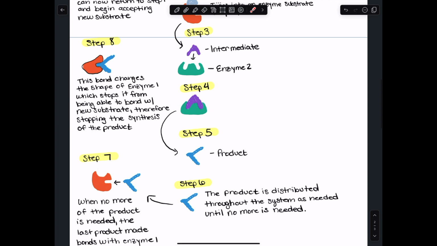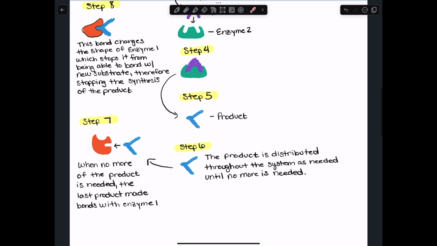Now we are going to introduce enzyme 2, to help turn our intermediate into our product down here. So our intermediate and our enzyme 2 bond, and they form this enzyme substrate complex here. And again, a series of chemical reactions occur, and it spits out our product.